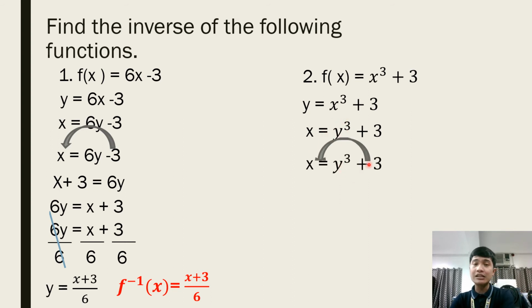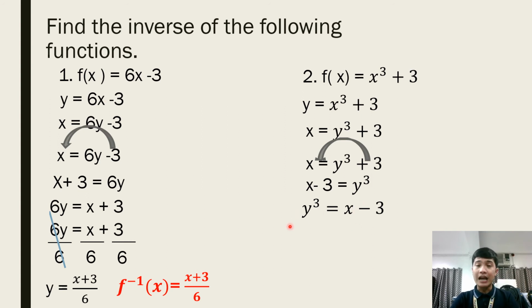So alam natin na si 3, ililipat natin yan dito sa may kaliwa. So you will have x minus 3 is equal to y raised to 3. So para sa dali ho nating maunawaan at masolve, we have y cubed is equal to x minus 3. Pinagpalit ko lang, inikot lang natin.